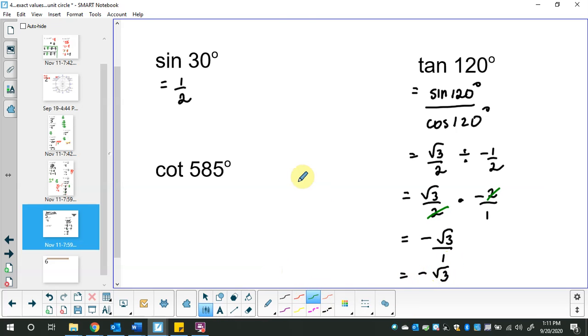And then the last one is 585. 585 is not on the unit circle, so I'm going to do my quick coterminal. That is on the unit circle.